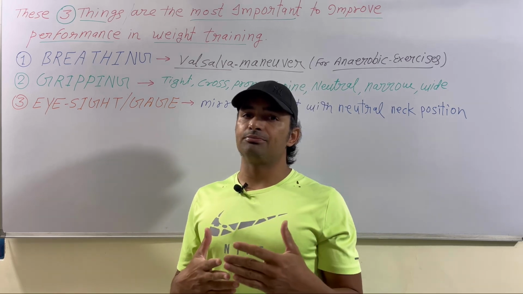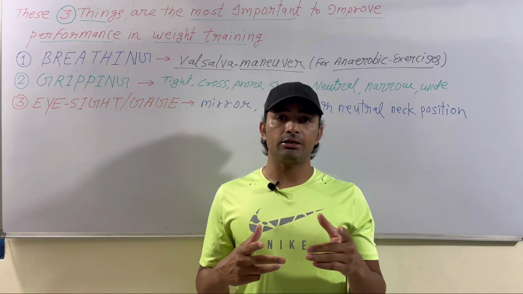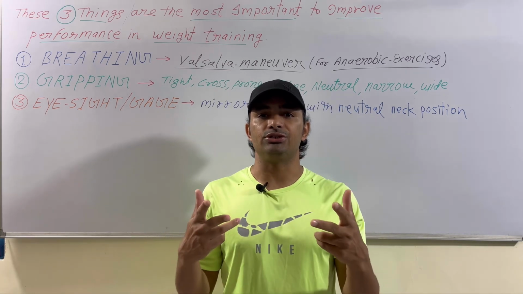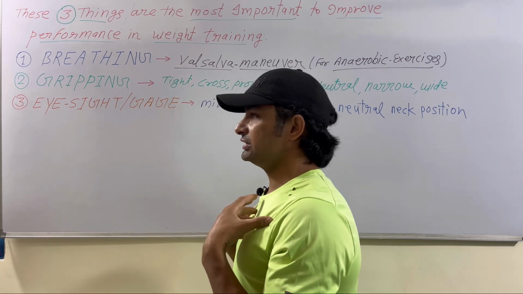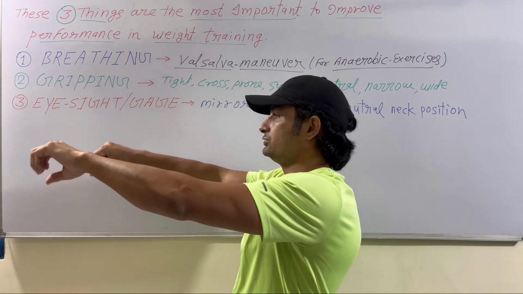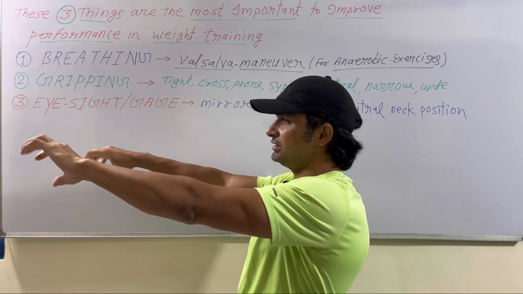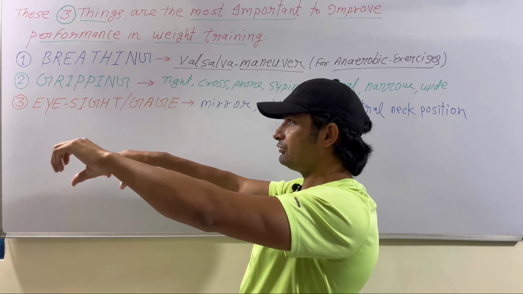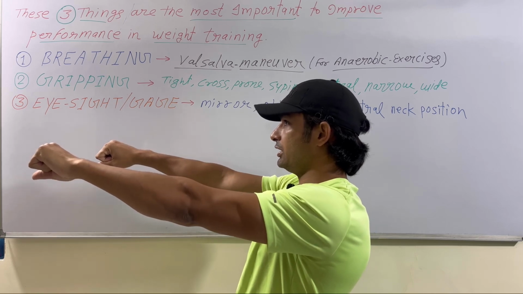When we are doing any exercise, for example chest press, every exercise has a starting point, and at that starting point we have to change breathing. Suppose I am doing chest press and this is my starting position, holding either dumbbells or a barbell.